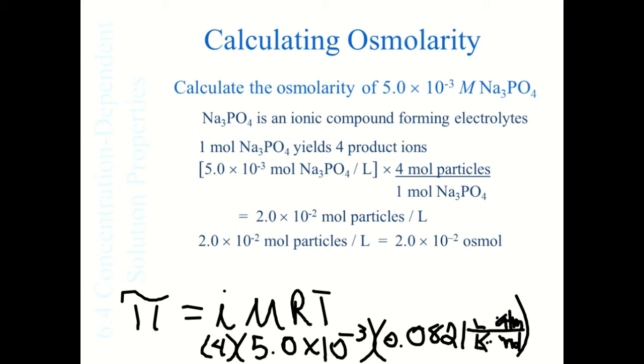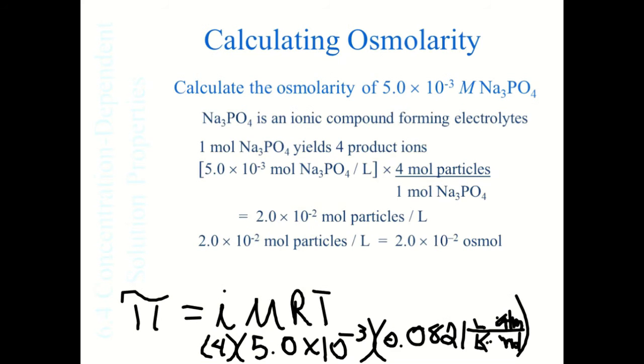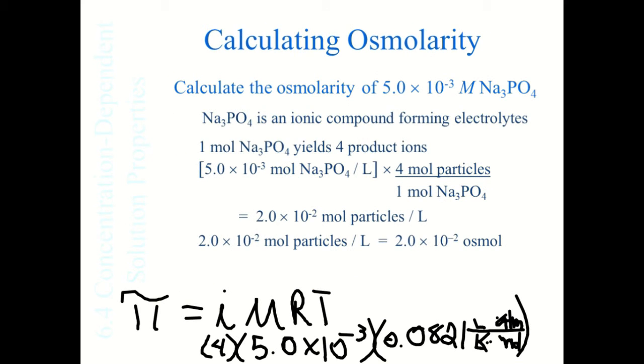I got it from my reference sheet. Times the temperature. Did they tell me the temperature here? Well, they changed the question. The temperature, let's say, is 25 degrees Celsius, so that's 298 Kelvin.